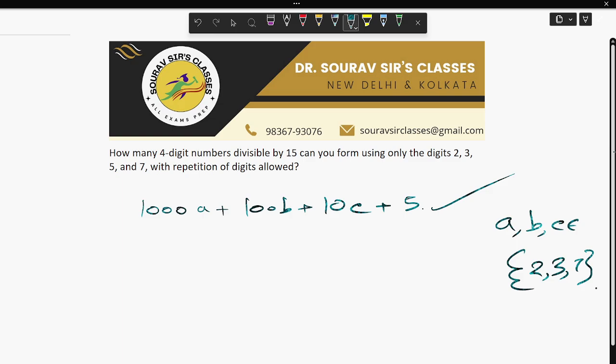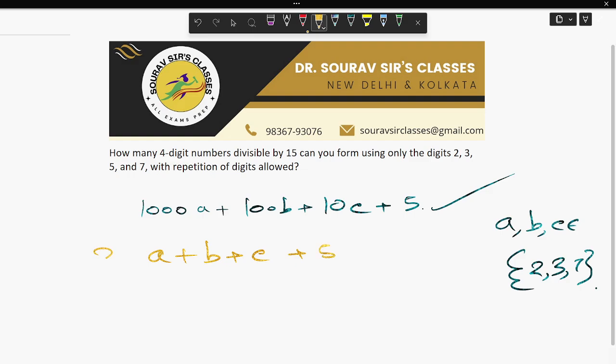So we have to think about this. We have to check that this number is divisible by 3. And we know the divisibility rule of 3: A plus B plus C plus 5 has to be divisible by 3.